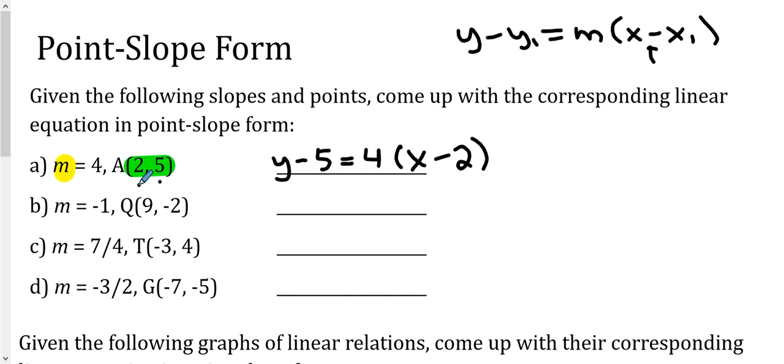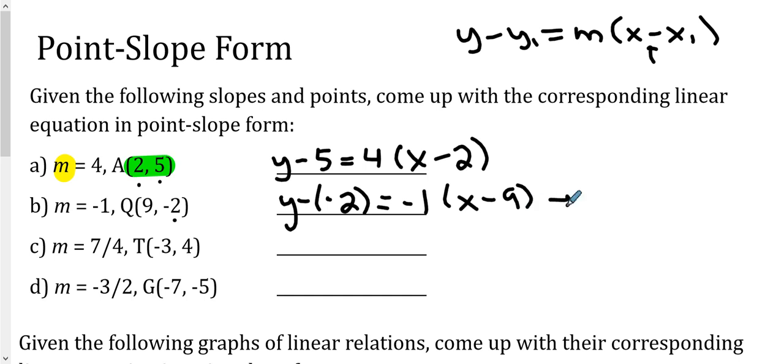Trying the next one. Y minus, and this time I notice my y coordinate is a negative 2, equals negative 1 for m, x minus, and I had a positive x value, so I have x minus 9.